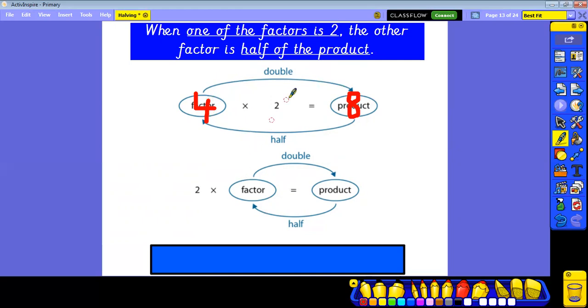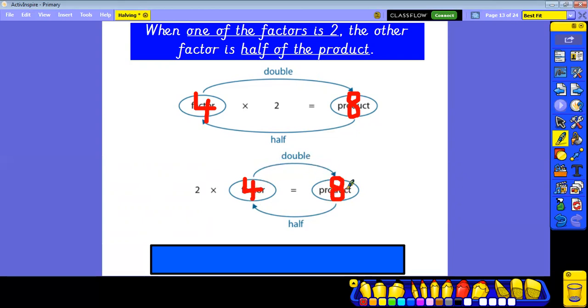And it's just the same here. Remember, multiplication is also commutative. So if I switched my 2 factors around and instead of saying 4 times 2, I now said 2 times 4, I would still get the same answer as 8. And what's happening is it's the same thing. 4 will be half of my product, and my product will be 2 times as big.